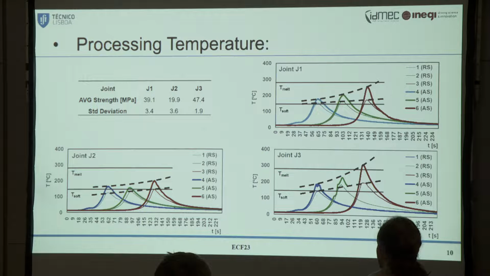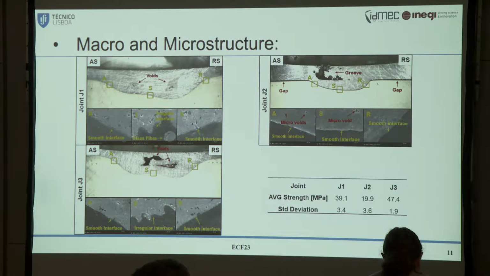We always observe an increase in temperature during the welding process, and we obtained the highest temperature for the joint that showed the highest values for the mechanical properties in the quasi-static tests. Between the retreating side and the advancing side the results are almost the same, but the advancing side shows a higher temperature.